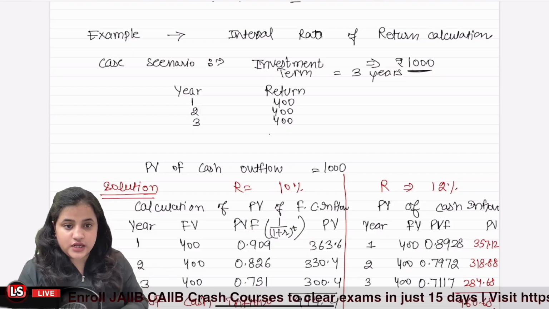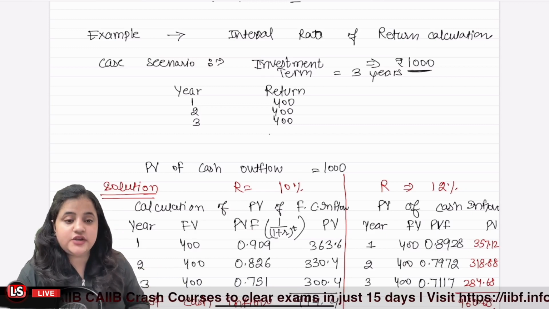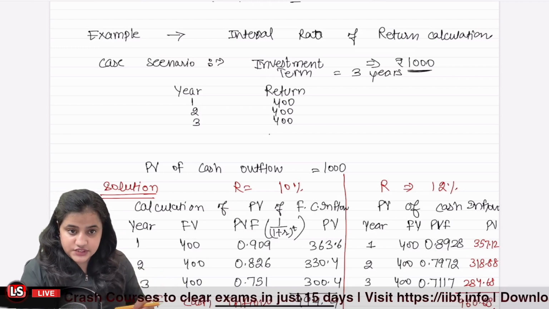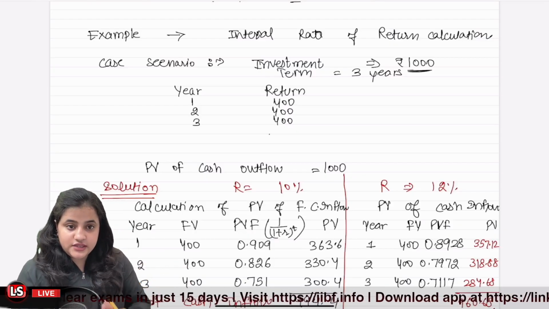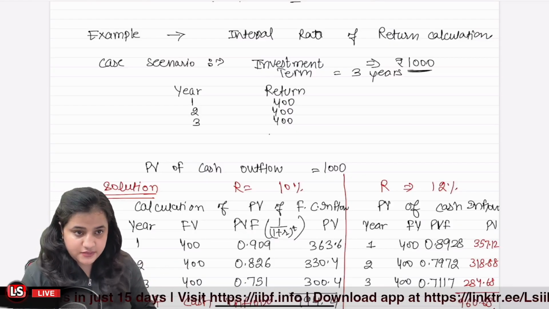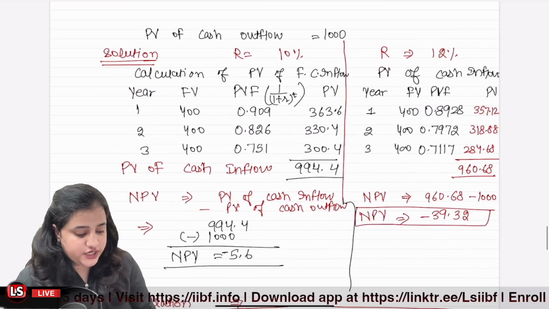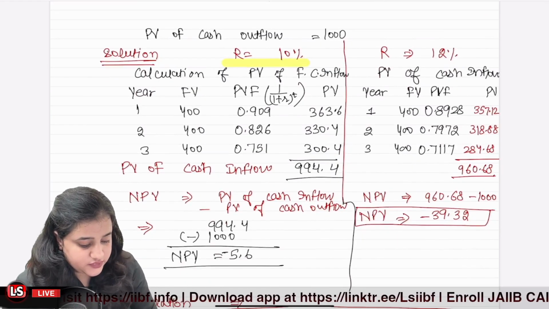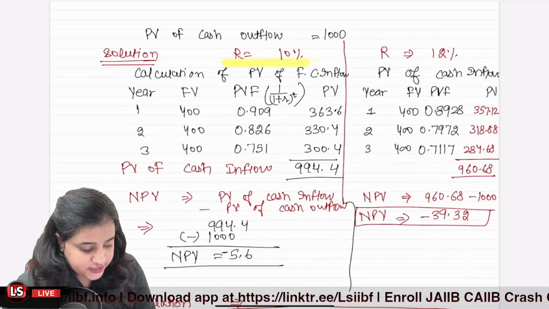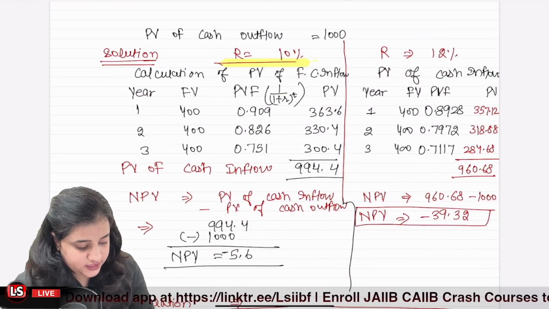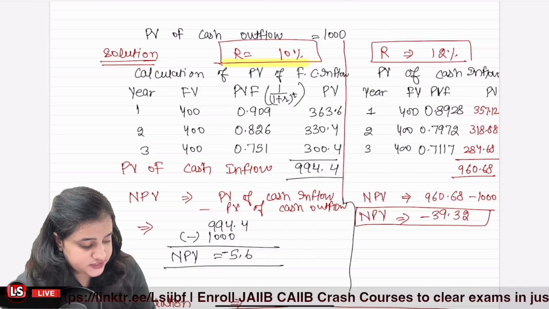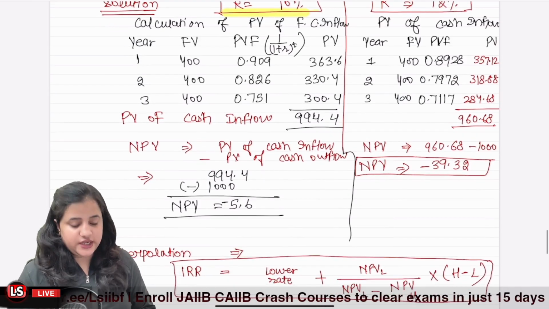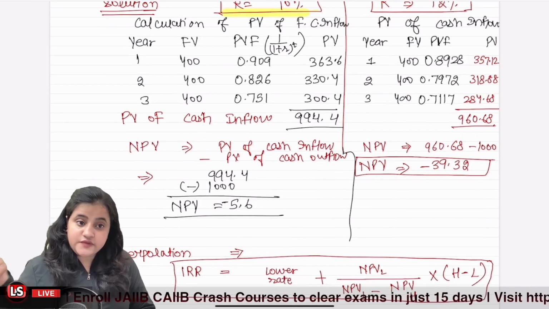And to calculate IRR on a project, I need to see the rate at which NPV of the project is zero. To calculate this, we use the trial and error method. We take any two rates of return and from that we first calculate NPV, right? I've taken 10% and 12%, and from these I calculated NPV.